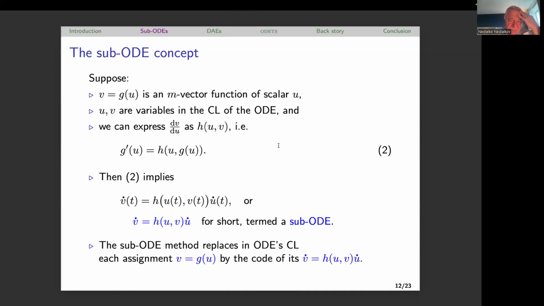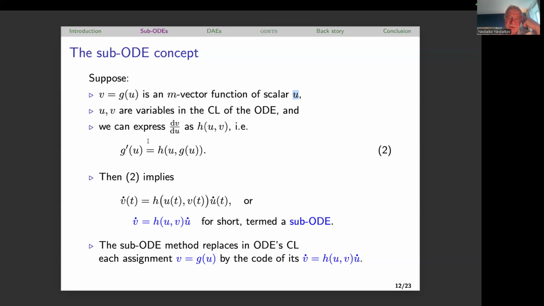So, a little bit of theory, the sub-ODE concept. Here, we assume that g of u is an n-vector function of scalar u, and I'll show you an example on the next slide. And u and v are variables in the code list of the ODE.